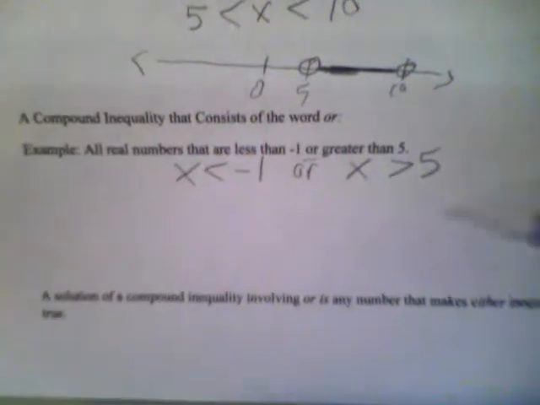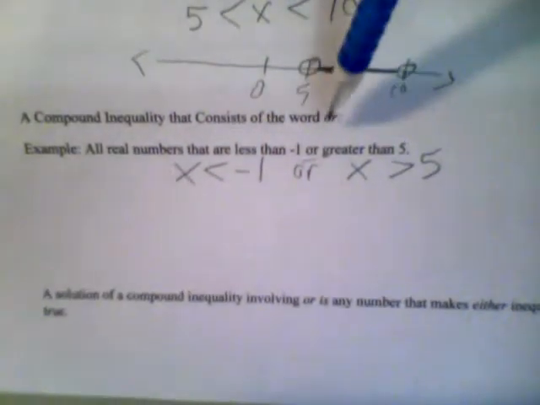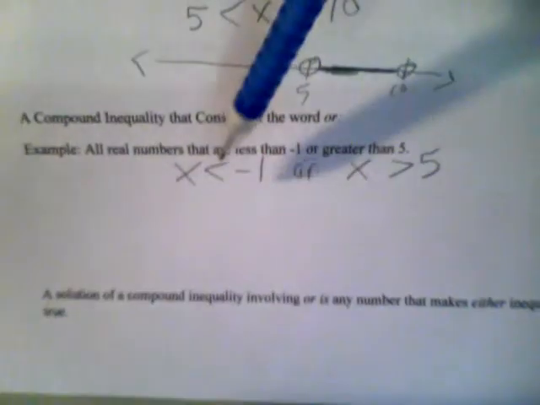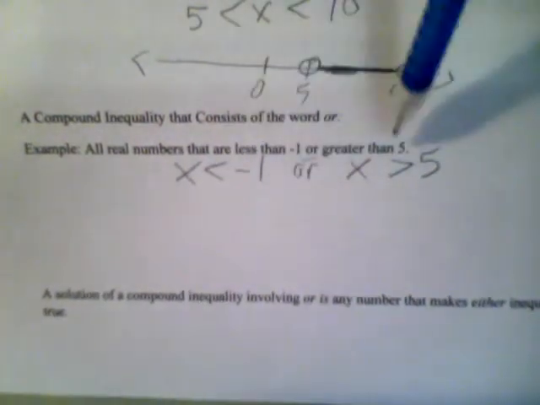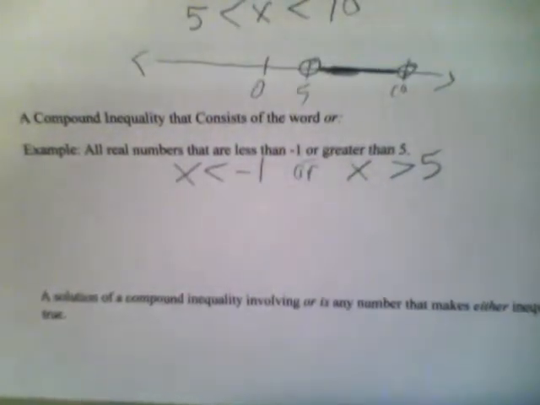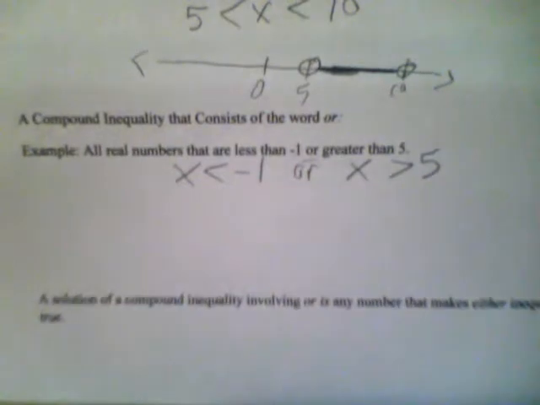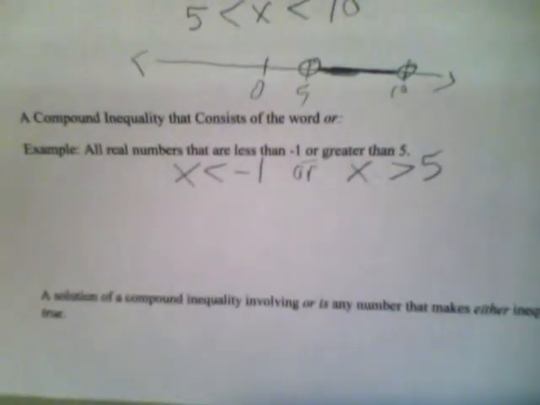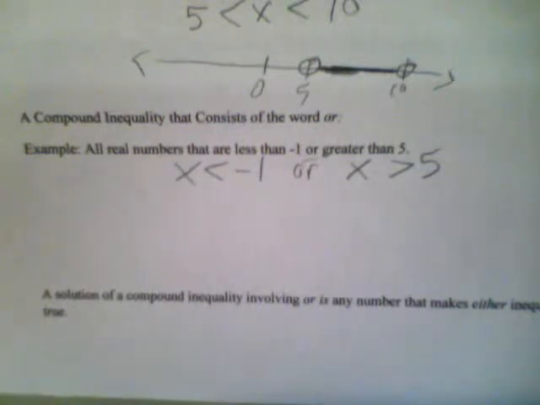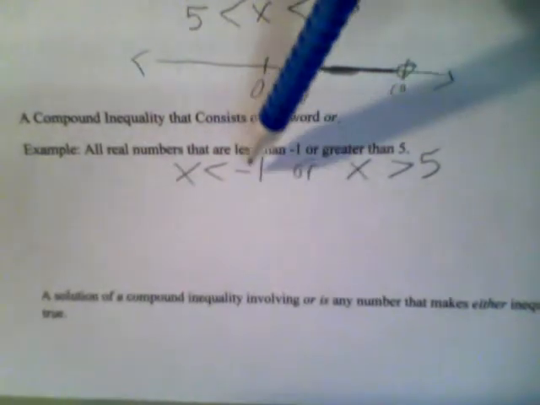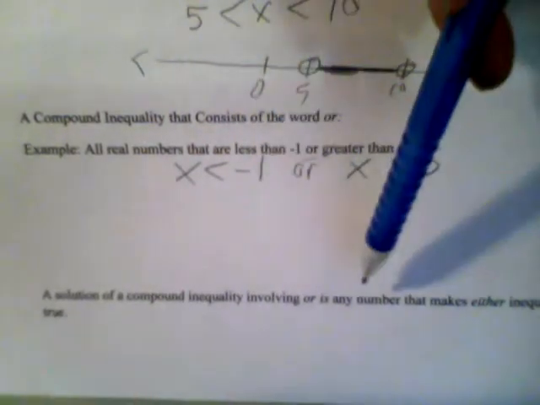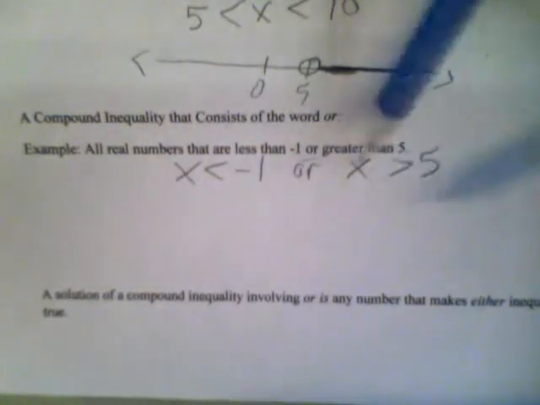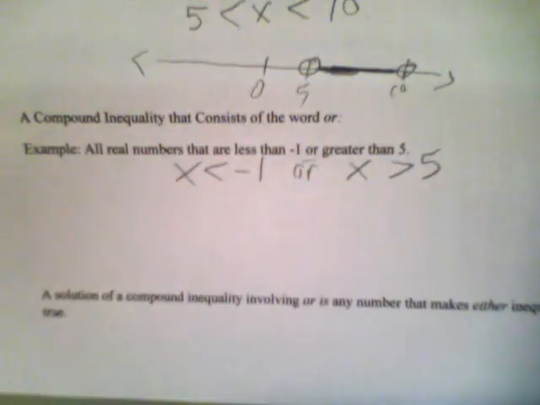So again, for this compound inequality, even when it's joined by the word or, it is still two distinct inequalities. The difference between an inequality that consists of the word or and the one that consists of the word and is that the solution to a compound inequality involving or is any number that makes either inequality true.